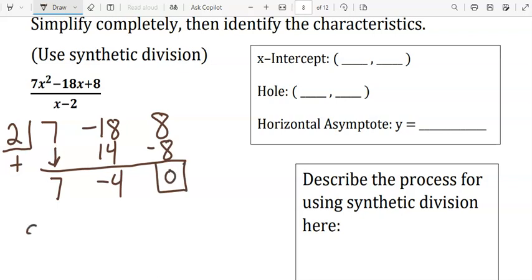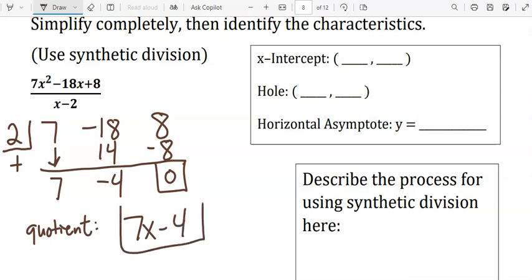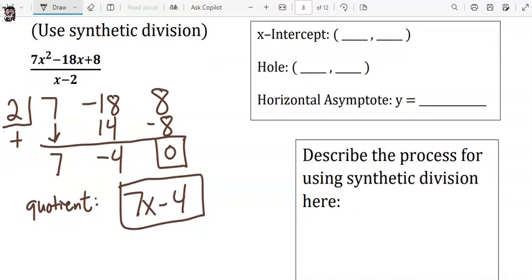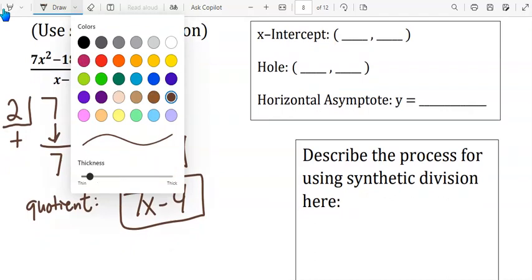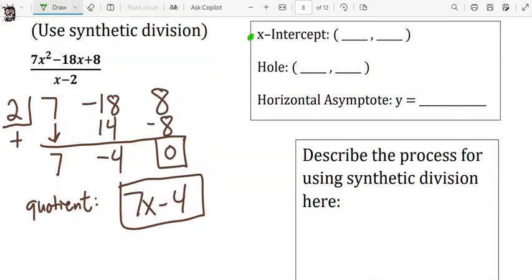So that means our quotient is going to be 7x minus 4. To get the x-intercept, we set that equal to 0. Divide by 7. So x is going to be 4/7.